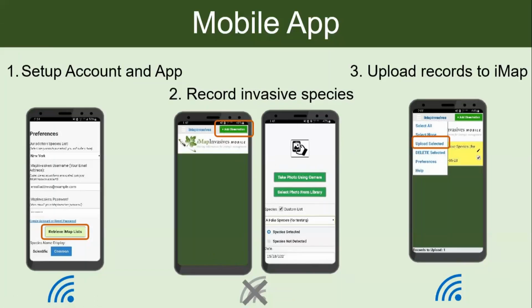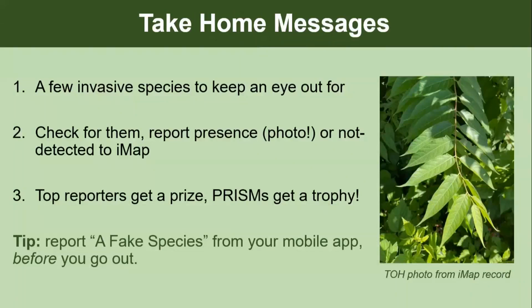So if you're going down a trail or something, visualize a football field, and you don't need to report in between that length interval, so space them apart. And then once you get back into connectivity, you just upload those records. So they leave your phone and then go onto the online database.